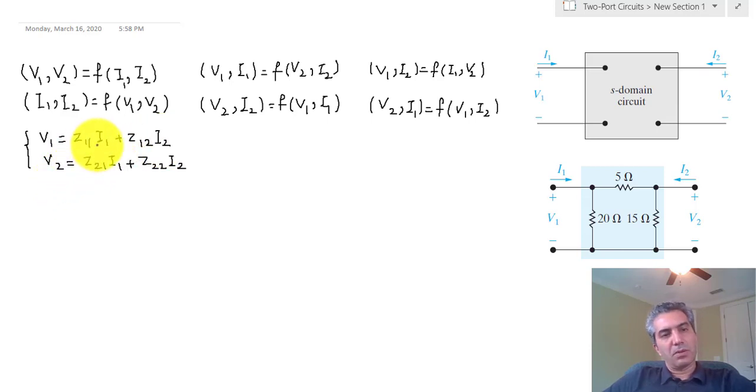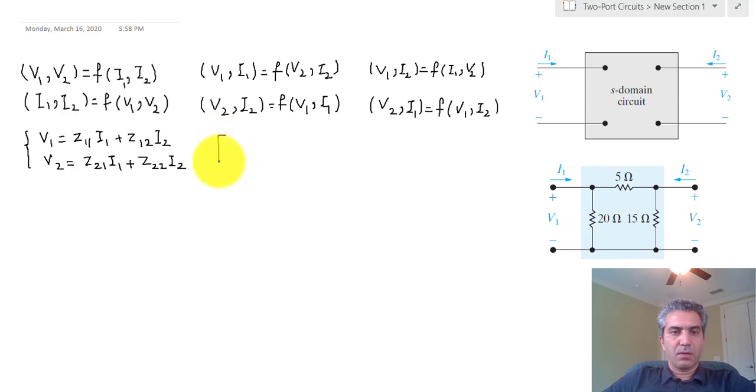Now, as you can see, we have written them in a certain way and given them a specific term that is meaningful. So first of all, why are we calling them Z11, Z12, Z21, and Z22? Because you can write the same two equations in the form of a matrix.